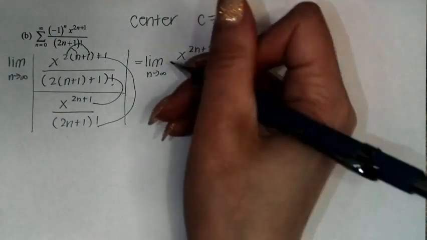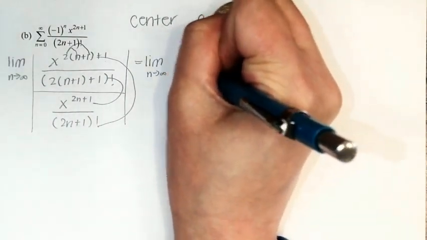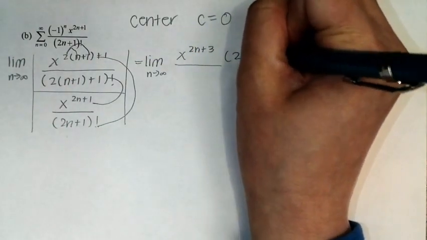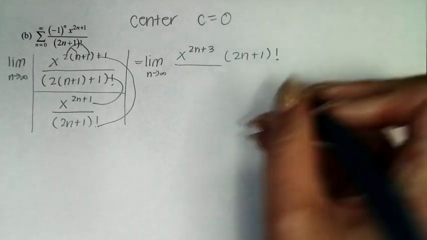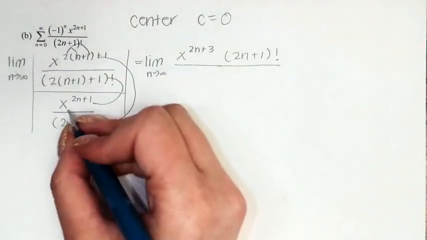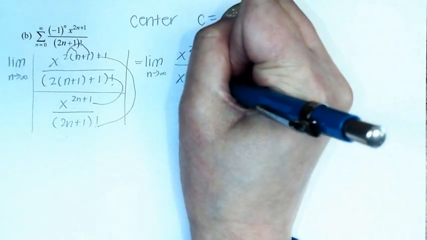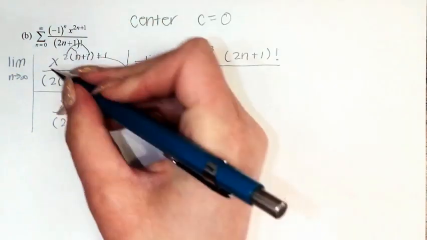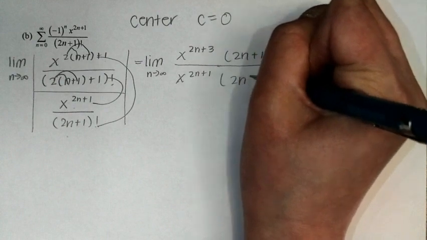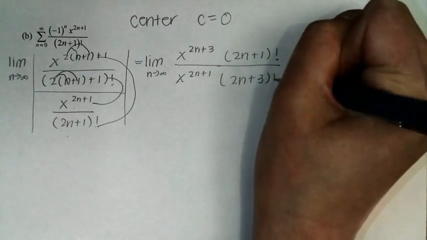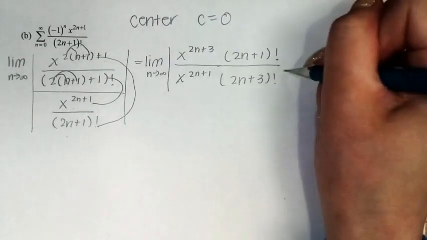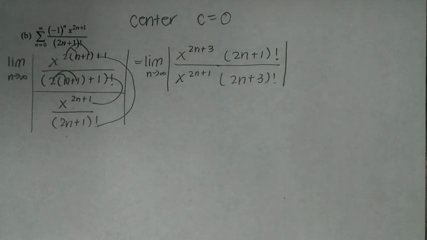Then you multiply this times (2n plus 1) factorial, and divide all of this by the insides. The insides go to x to the power of 2n plus 1, and this one over here you also distribute the 2, so that's (2n plus 3) factorial. Please do not forget to put the parentheses next to the factorials, because then that's an issue. Put your absolute value because you're applying the ratio test.